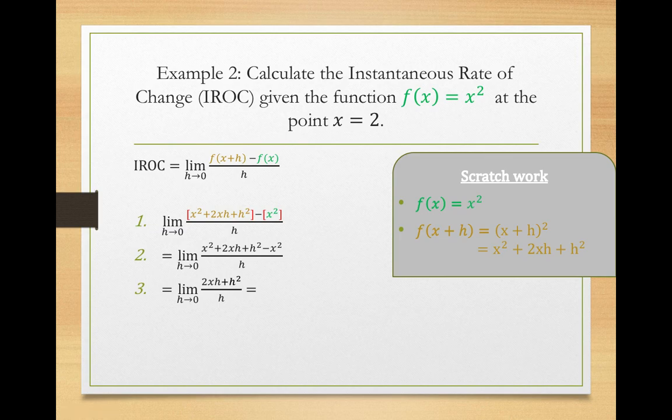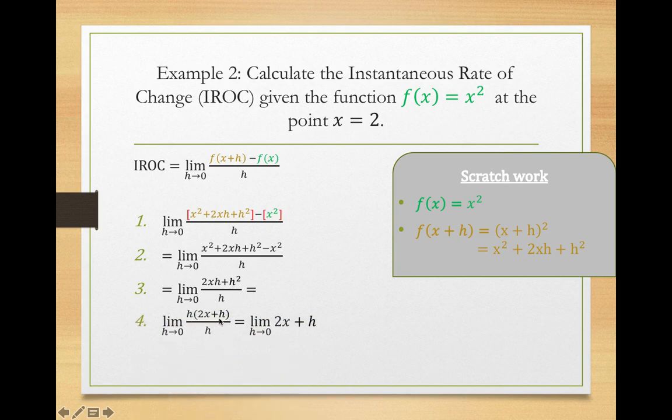Okay, if you remember from a previous video, there's a way to simplify this expression right here. Notice that right here on the top, we have a common multiple. The common multiple right here is h. This one has one h. This one right here, this term has two h's, and at the bottom we have h. That means we can pull out an h from the top and cancel.